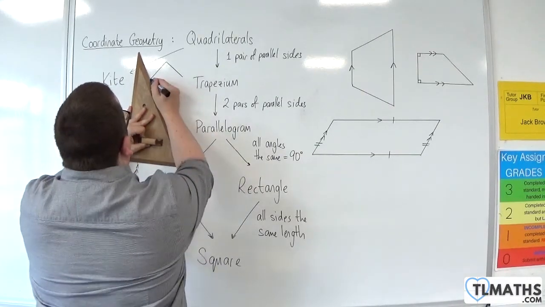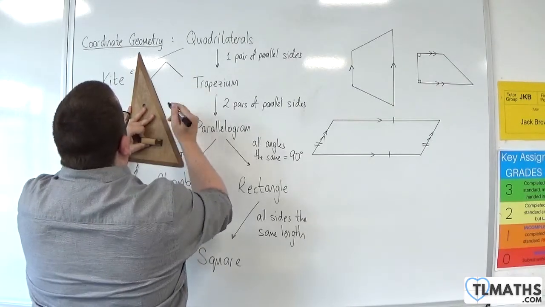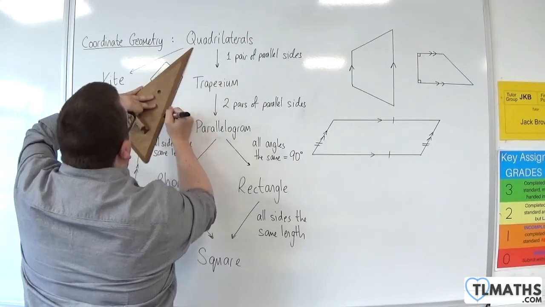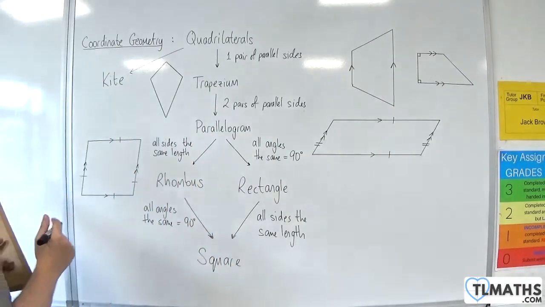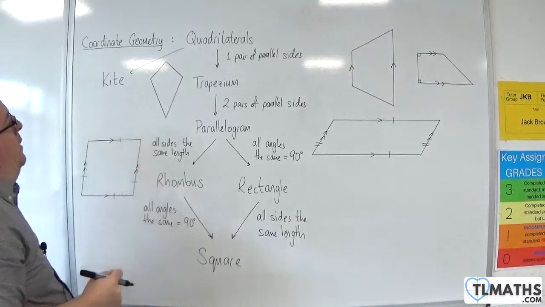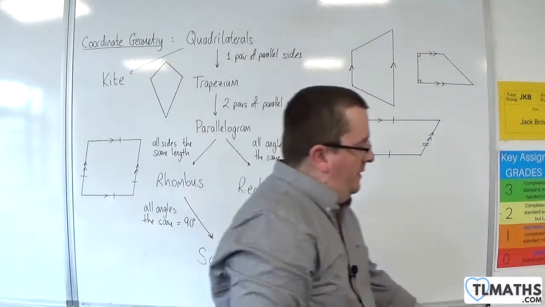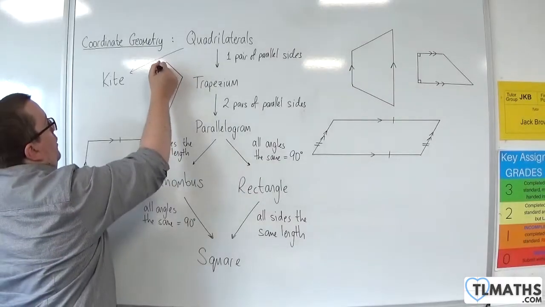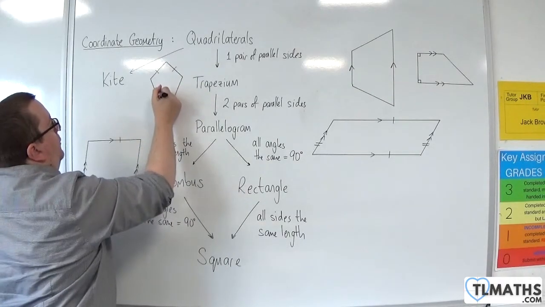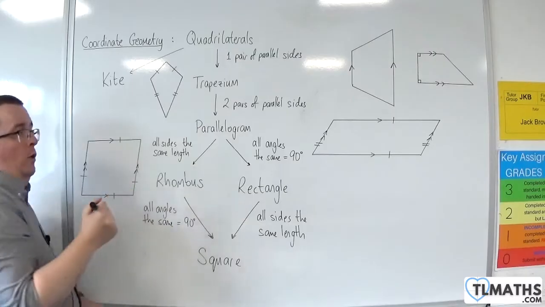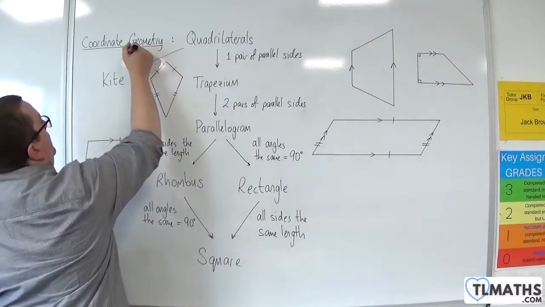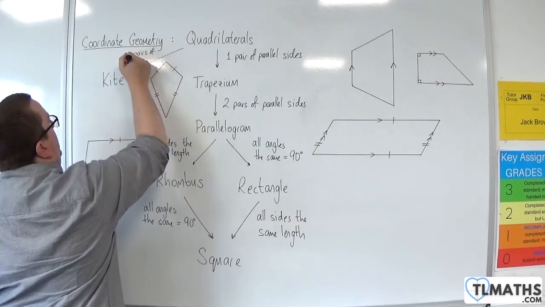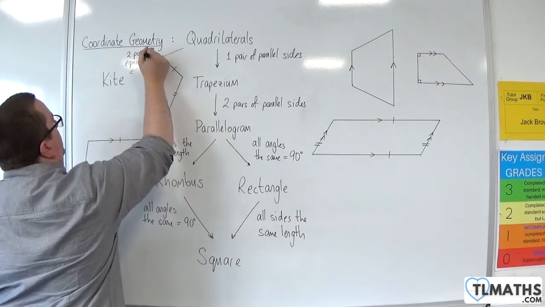Let's have it something like... Might not be the most perfect of kites, but it will do. What properties does the kite have? Well, it's got two pairs of equal sides.